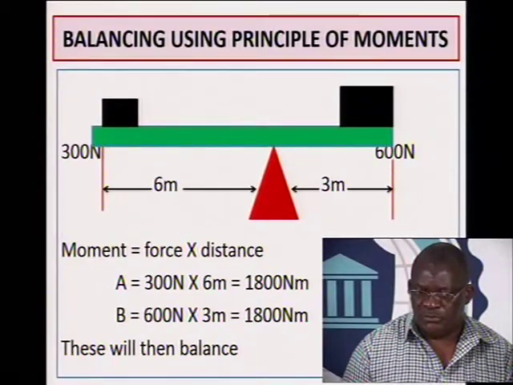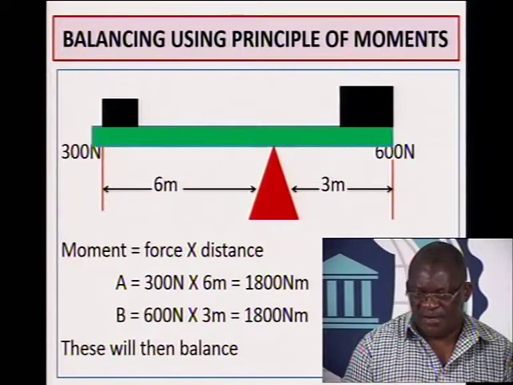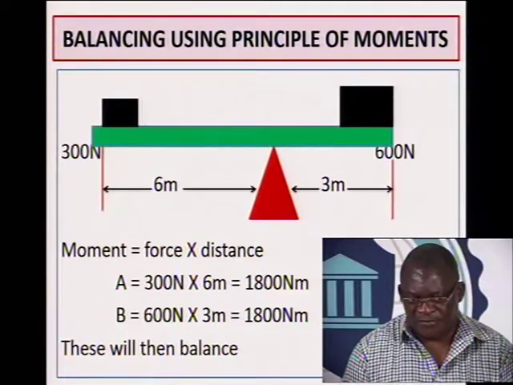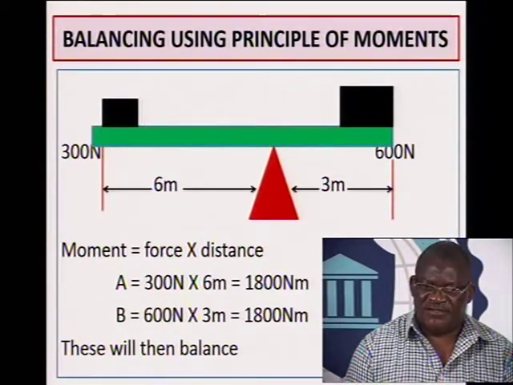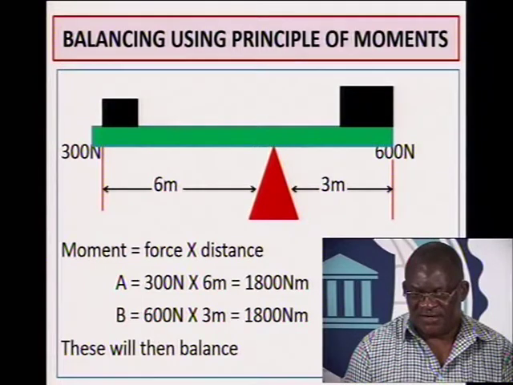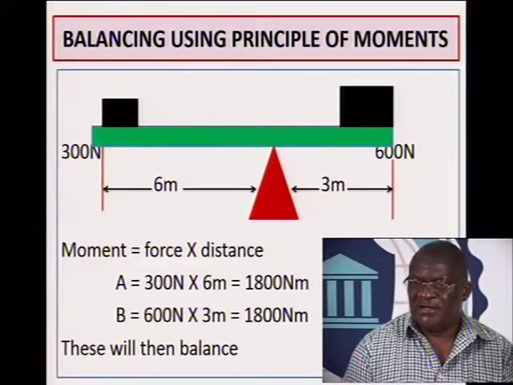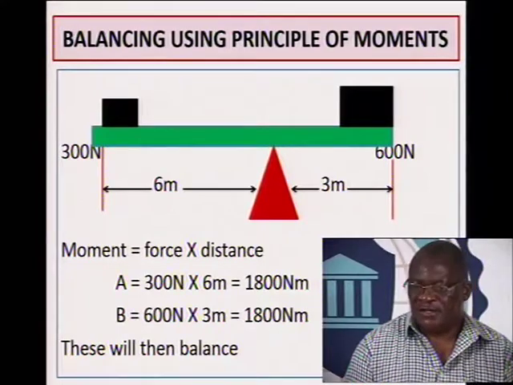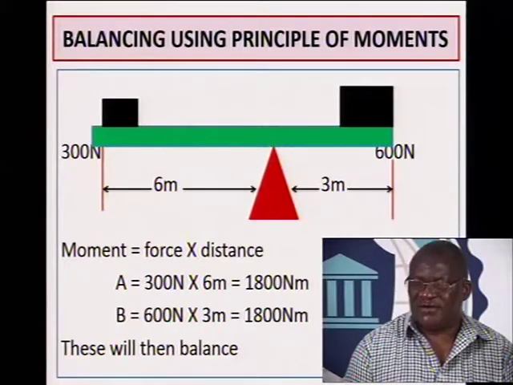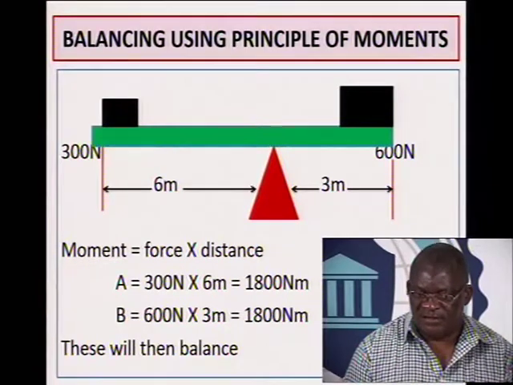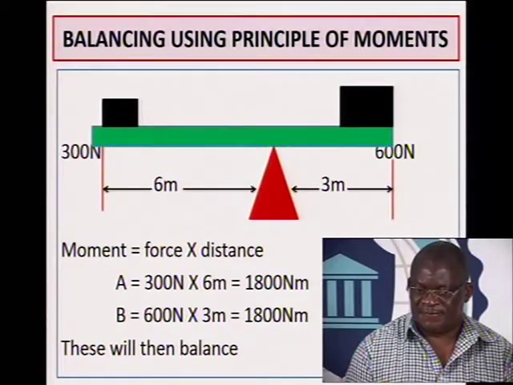So to balance the two objects, right, we need to multiply the 300 by 6, we get 1,800. And then on the other side, we multiply 3 meters by 600, we also get 1,800. And then the two will balance.